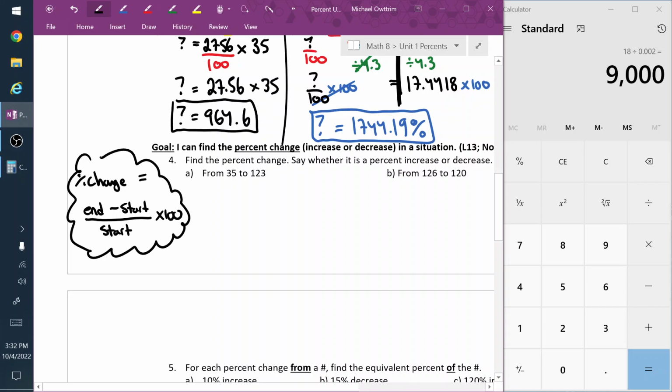In the case of question A, we've got our start value of 35, our end value of 123, and we're just going to fill in our formula. Percent change is equal to our end value, 123, take away our start value of 35, divided by our start value of 35, and then multiplied by 100.